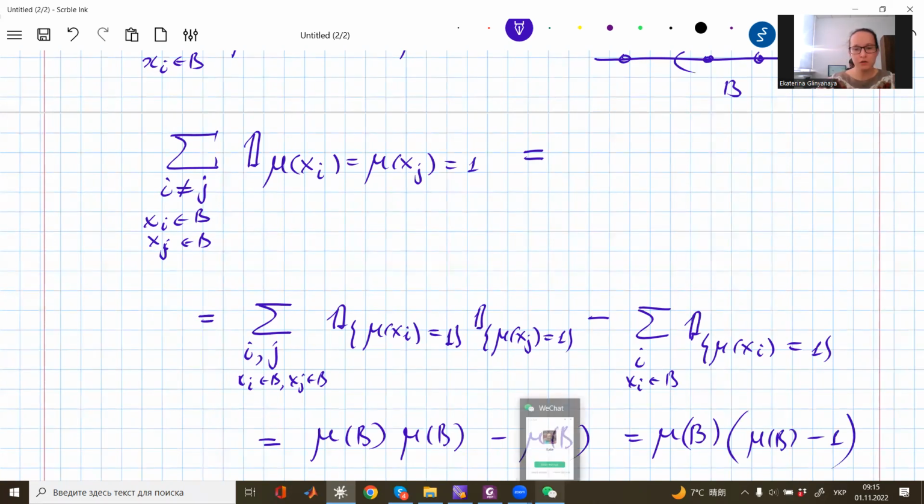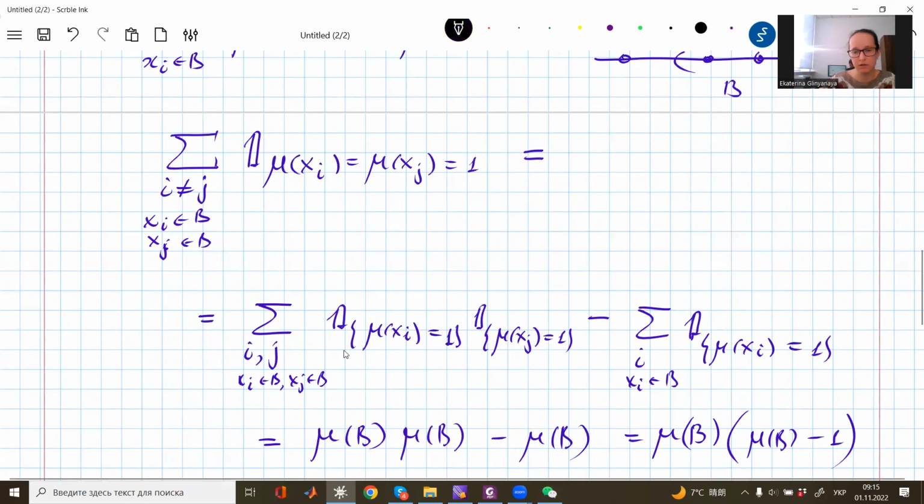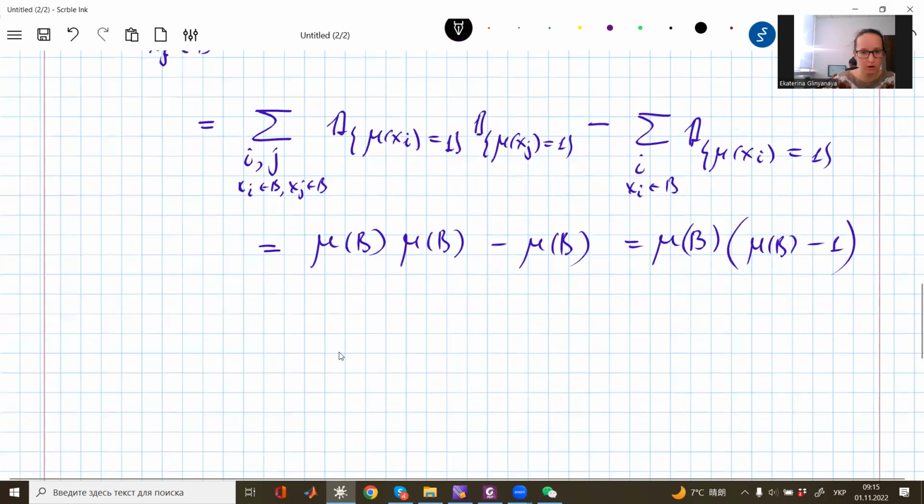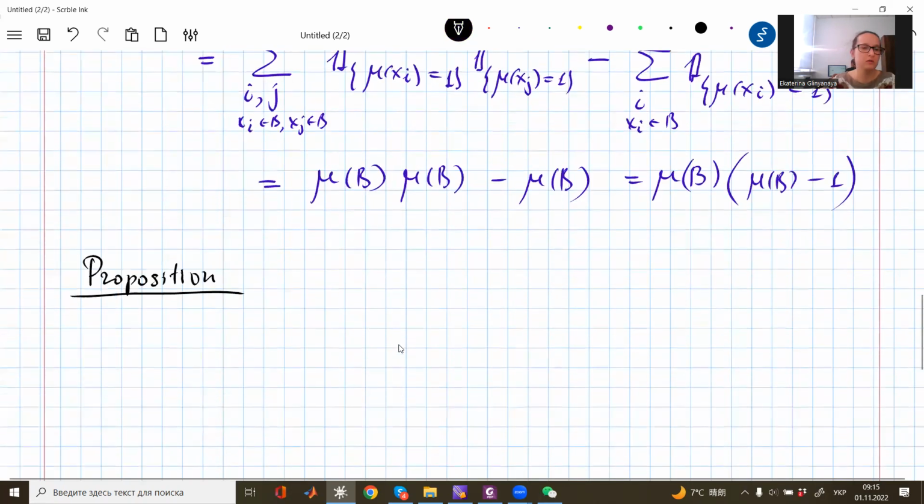Okay. So here we can continue this consideration, and let us formulate it as our proposition. It's just a combinatorial one. For now, we do not have probabilities and so on.